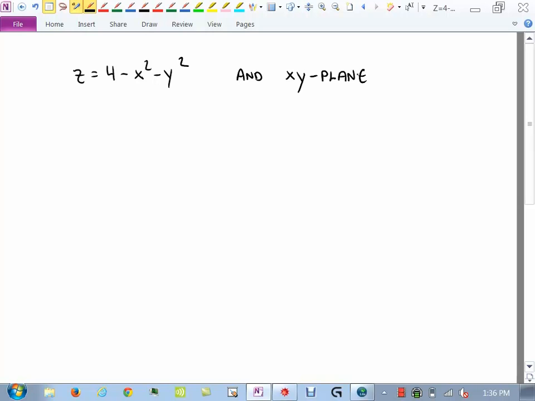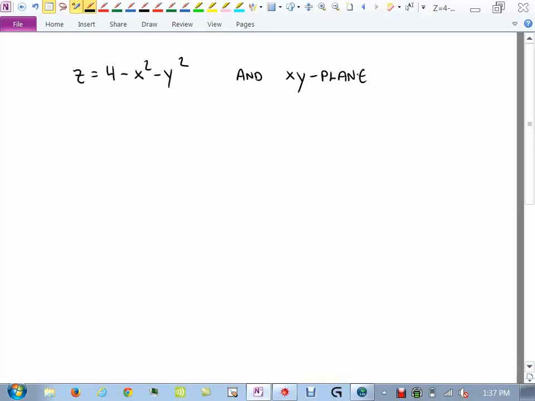Again, I'm going to act like I don't know what this looks like. z equals 4 minus x squared minus y squared is a paraboloid. At this point, you kind of have to know what a paraboloid looks like, so you might need to refresh yourself on the quadratic surfaces we covered way back in chapter 10. But you can also just plug in some points and try to figure out what this looks like three-dimensionally.